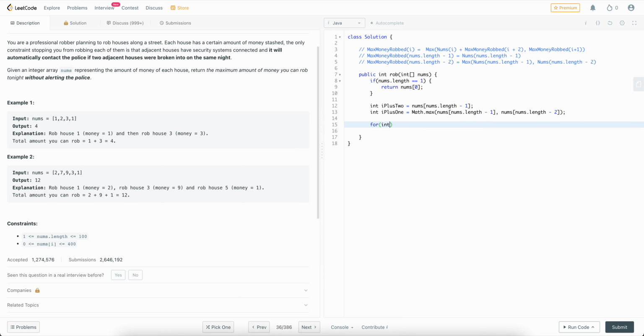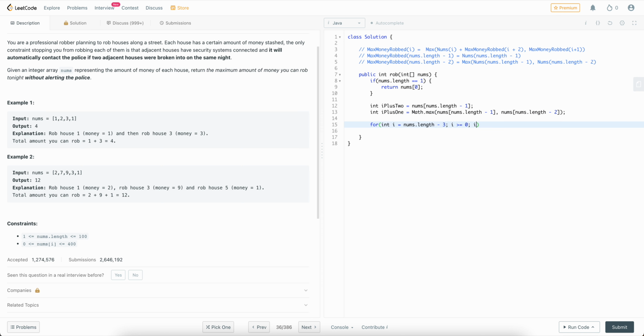So for int I is equal to nums.length, so we already have the minus 1 and minus 2, so our next one will be, we start from nums.length minus 3 and we go all the way up to 0, right? So if there are only 2 elements, then we'll end up returning this one.